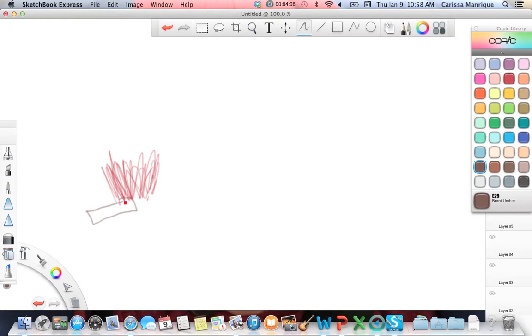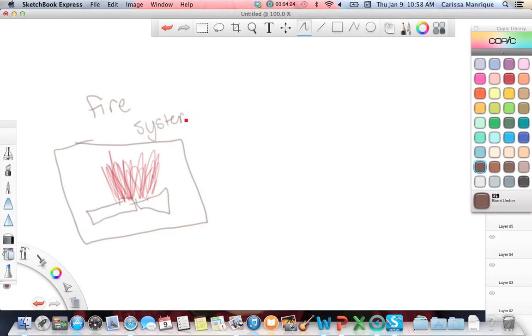I think I'm making it look worse, but here is a fire nonetheless. Let me label this as fire. This is my system, the fireplace, because this is what I'm looking at. The surroundings are everything else.